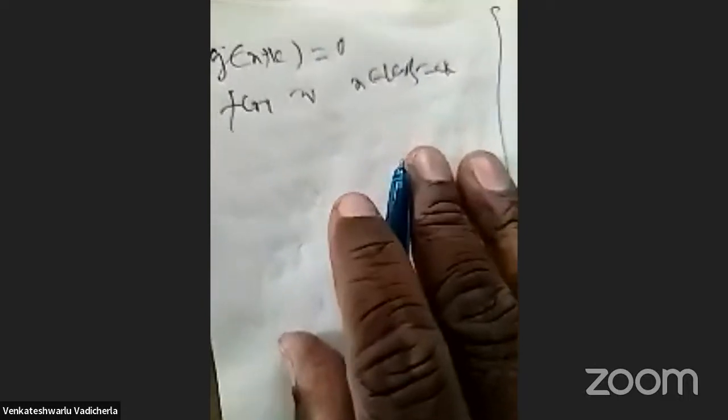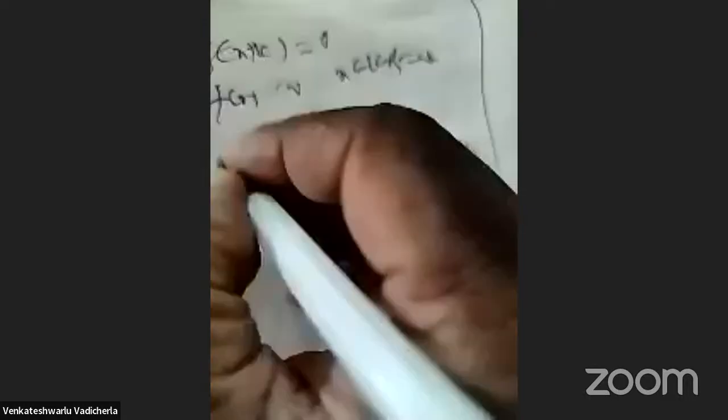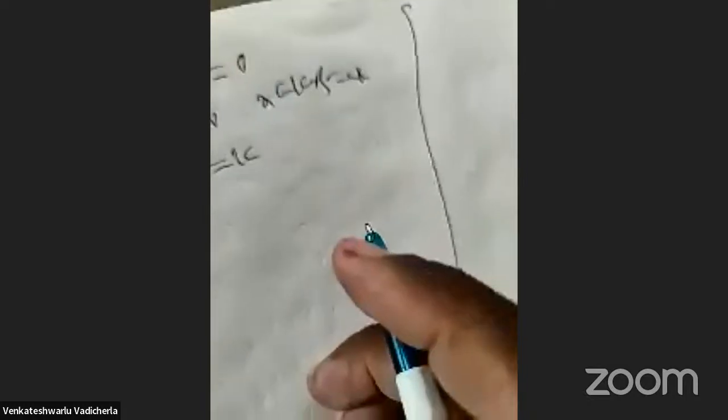Now, if g of x plus k is equal to 0, then f of x is equal to 0, and x belongs to kernel f is equal to K. So this implies x plus k is equal to the zero element in M by K. So g is a monomorphism, and g is an isomorphism if and only if g is an epimorphism.